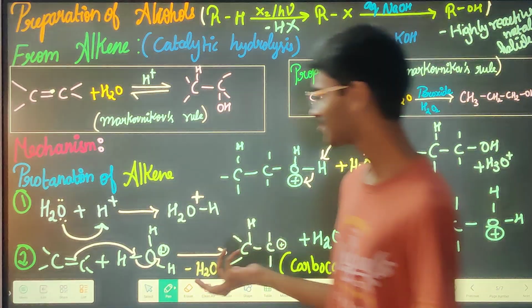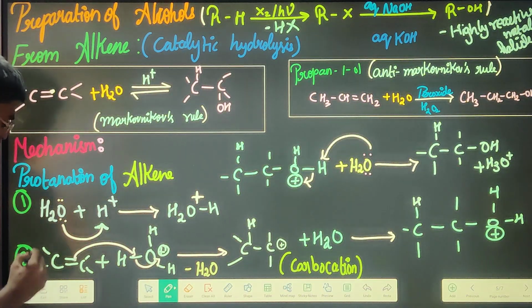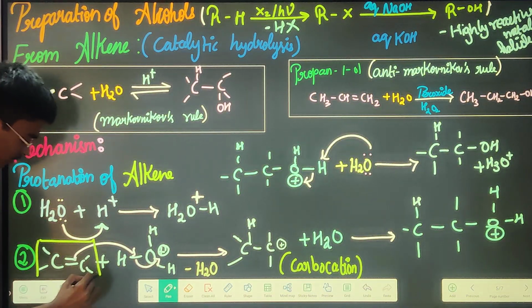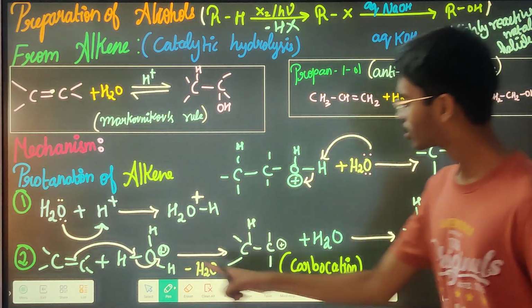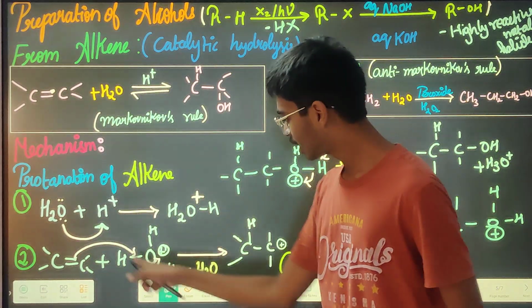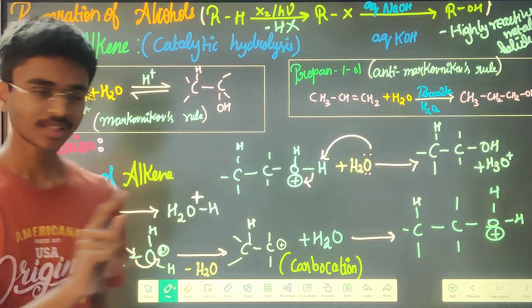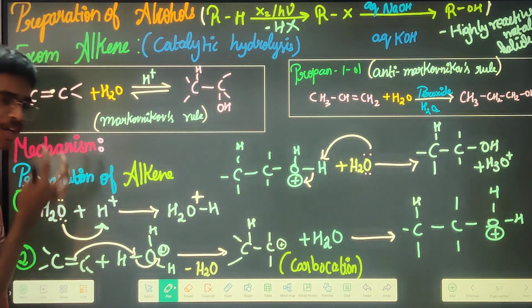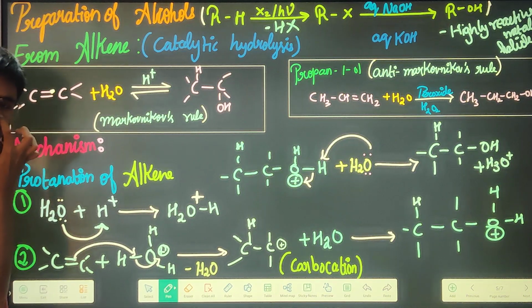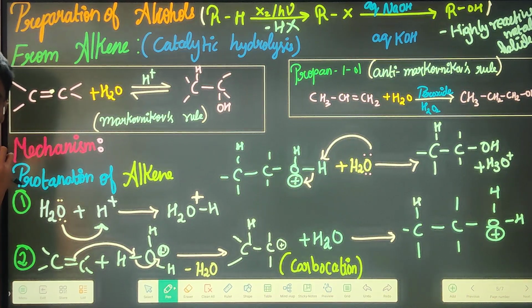That's it, very easy. Now here you have your alkene. This alkene will react with H3O plus, and always note this. Not only here, in most cases, a positive charge will be attracted by a negative charge.